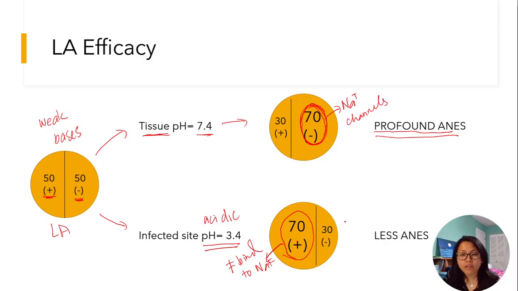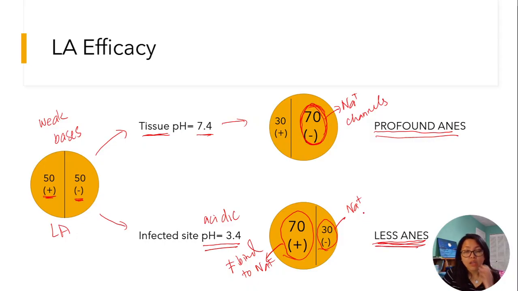So what are you going to end up with? You're going to end up with a lesser amount of molecules binding to your sodium ion channels, so you'd end up with what? A lesser anesthetic effect.